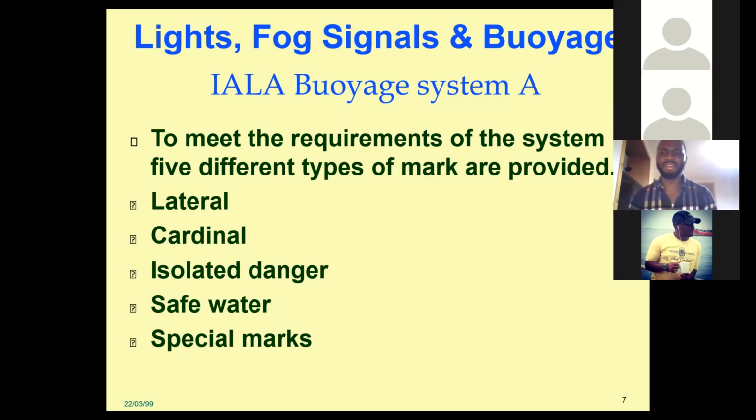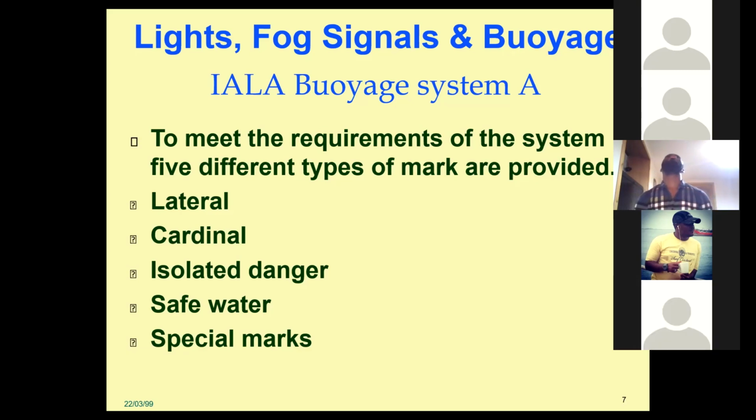I'm trying to loud my system in case JJ is talking that I'm not hearing. JJ, I'm not sure I'm hearing you too. Safe water marks is good evening, Cap. Yeah, good evening. Good evening.